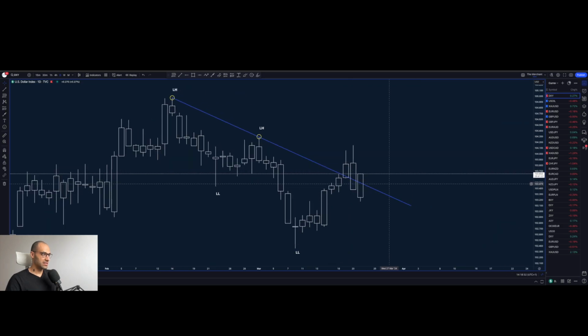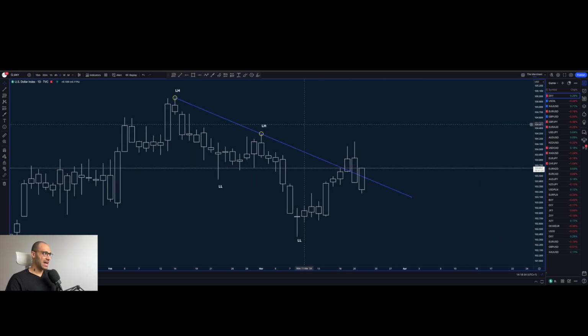And from a market structure perspective, as long as the price didn't break above the last lower high, we are still in a downtrend. Again, as long as the price didn't break above the last lower high, we are still in a downtrend, okay? And this is the market structure.